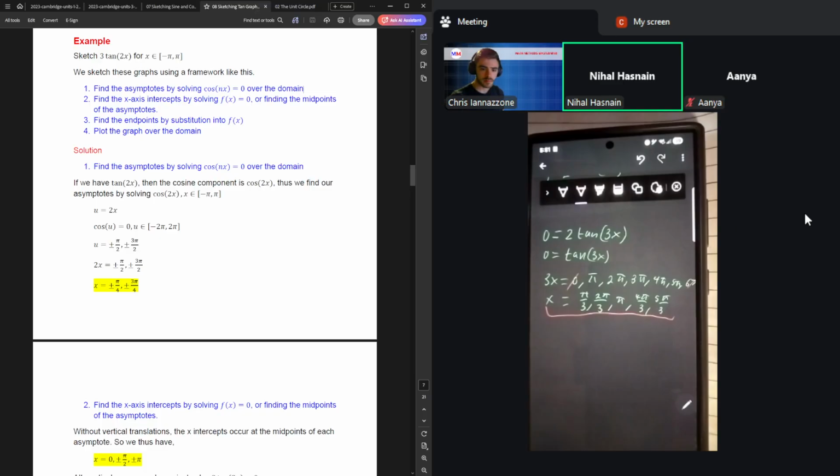Okay, so there are no vertical or horizontal translations, so the y-intercept will be like the origin.